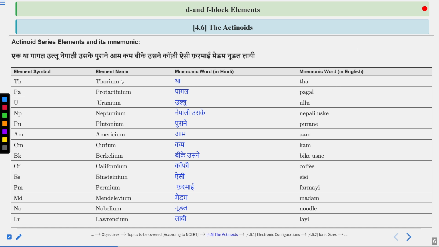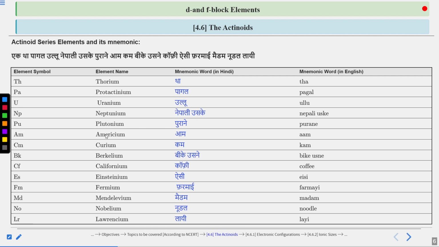So Th is for thorium. Pagal is for Pa, that is protactinium. Ullu is for U, that is uranium. Nepali is for neptunium, Np. Purane is Pu, plutonium.